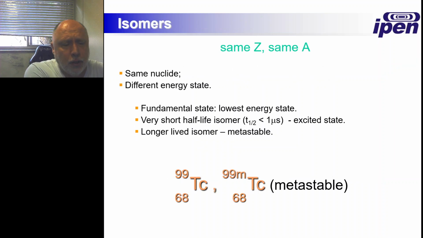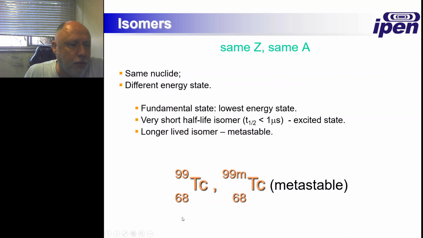Now, there's another thing we sometimes have to care about, which are isomers. Isomers are a funnier thing because they have the same number of protons and the same number of neutrons, meaning they are exactly the same nuclide. Because it's carbon 12, it's still carbon 12, whatever. But they are in a different energy state. For instance, let's take technetium 99.